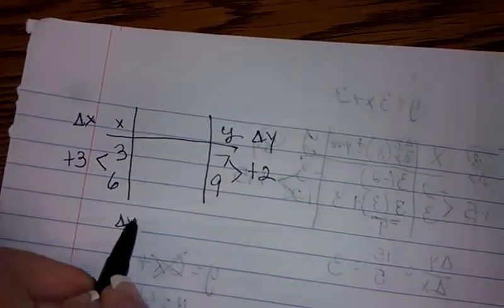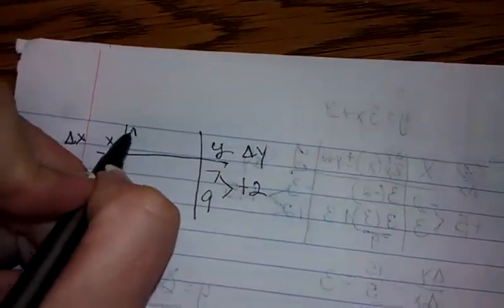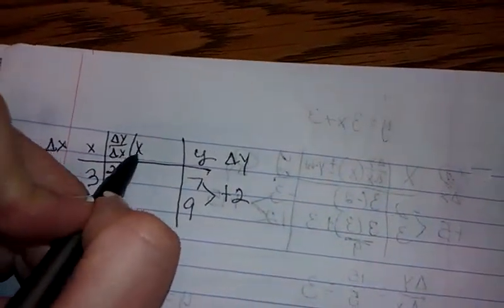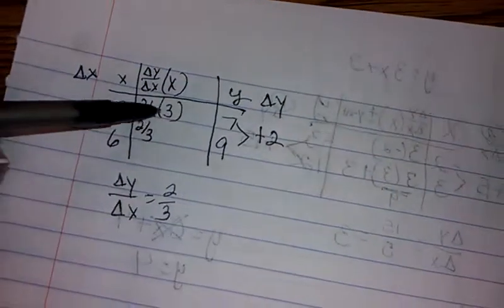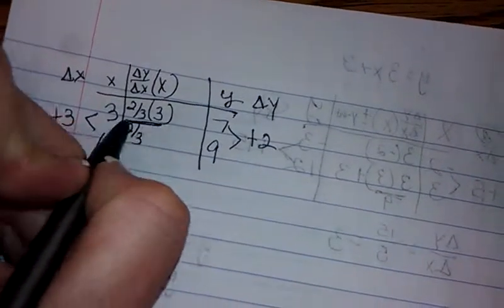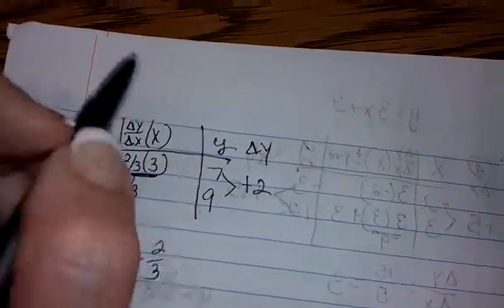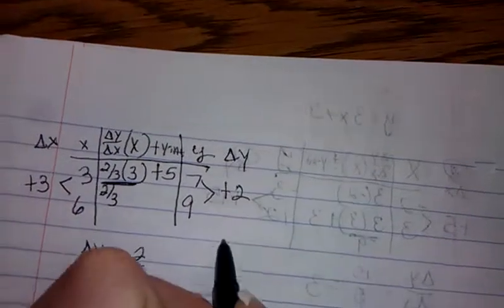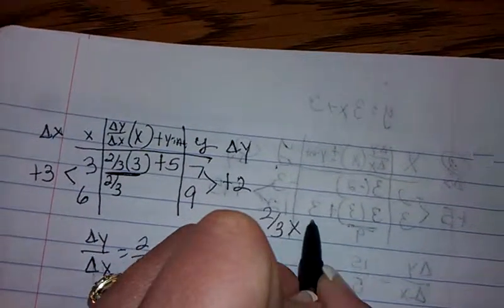Remember, to find the slope, delta y divided by delta x, it's 2 over 3. So this goes here at the beginning: 2/3 times my x. I'm just going to do one of them. One of my x's is 3. If you multiply these two together, you end up with 2. What do you have to do to 2 to get to 7? Add 5. That's my y-intercept, remember? So my equation is y equals 2/3 x plus 5.